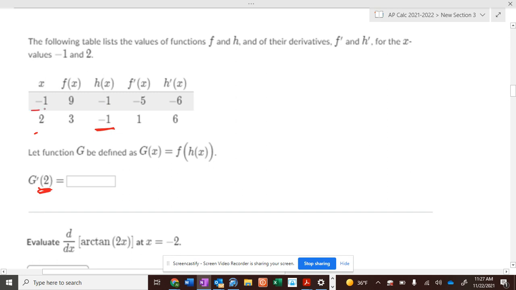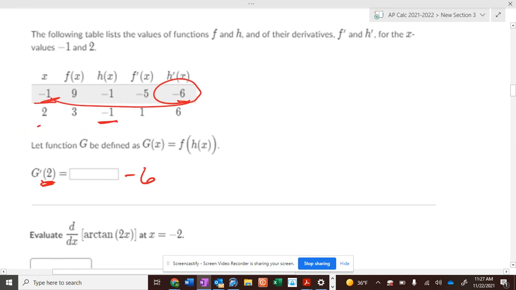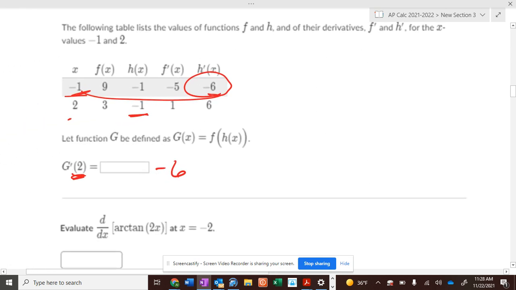It's negative 1. So you go to negative 1 and you go to that one, right? Negative 6. No, you're thinking inverse, which is 1 over that answer. Yeah, you have the f and h. Oh, I did h and h, didn't I? You good, man. It's the same answer, right? It's still negative 6.